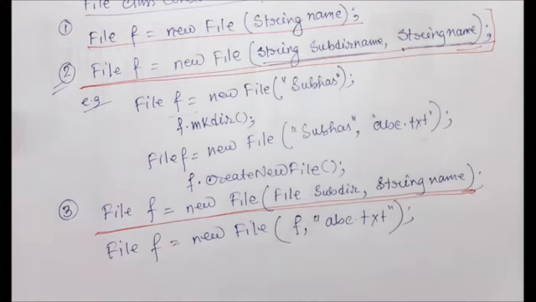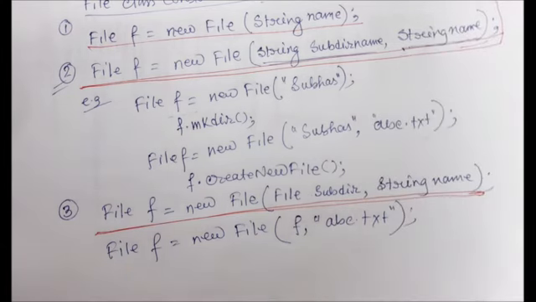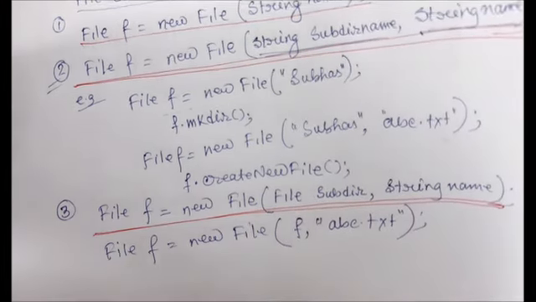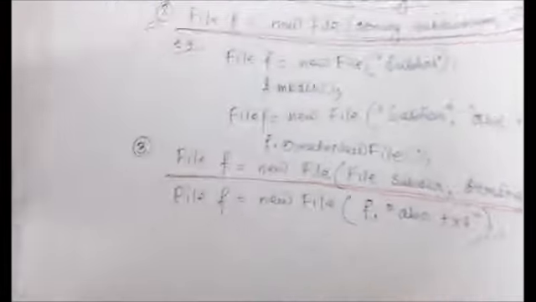Now, we have some important methods in the File class, because we do not know how to tell which one is the file and which one is the directory. To know that, we use a method.